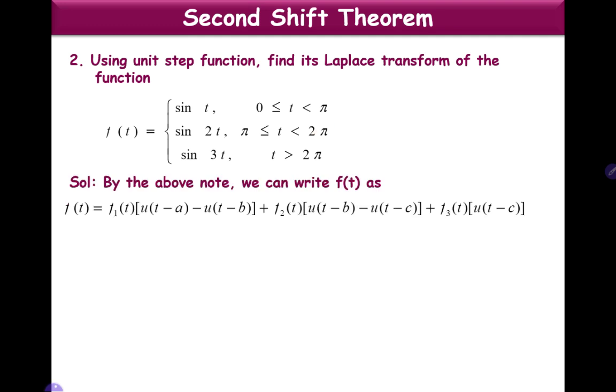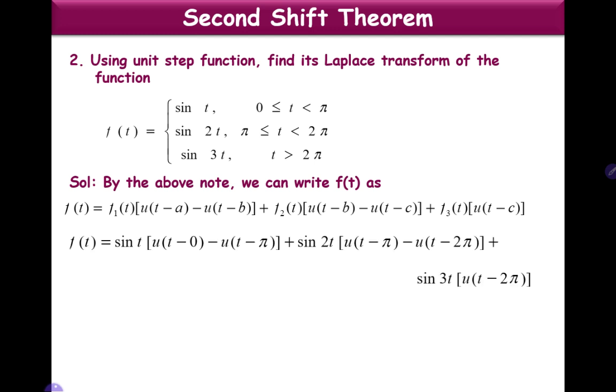So, we write f of t as f1 of t. What is f1 of t here? Sin t into [u of (t minus 0) minus u of (t minus pi)], plus f2 of t, which is sin 2t into [u of (t minus pi) minus u of (t minus 2 pi)], see the ends of the interval, plus f3 of t. f3 of t is sin 3t into u of (t minus 2 pi).